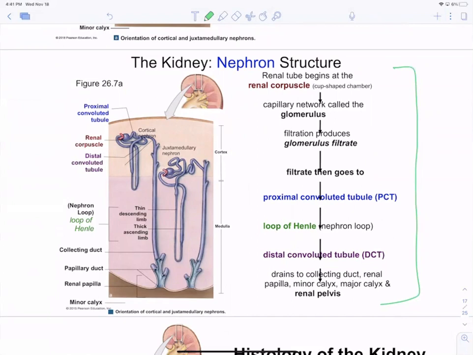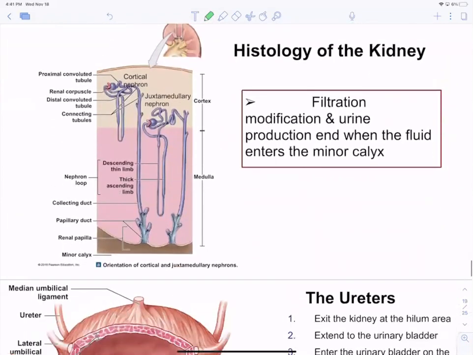You start off with the renal corpuscle, which is the glomerulus and the renal capsule, and then it becomes the proximal convoluted tubule, loop of Henle, distal convoluted tubule, drains into a collecting duct, then renal papilla, then minor calyx, then major calyx, renal pelvis, ureter, bladder, urethra, and we're done.